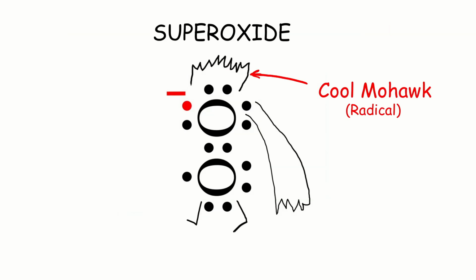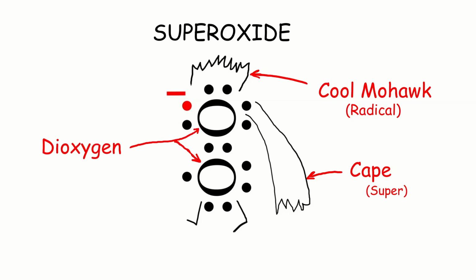I've drawn all his features here. Obviously, he has a cool mohawk because he's a radical, right? He's a free radical, as they say. He's got a cape because he's super, obviously. He's made of dioxygen. So dioxygen is just the oxygen in the air, right? O2, dioxygen.